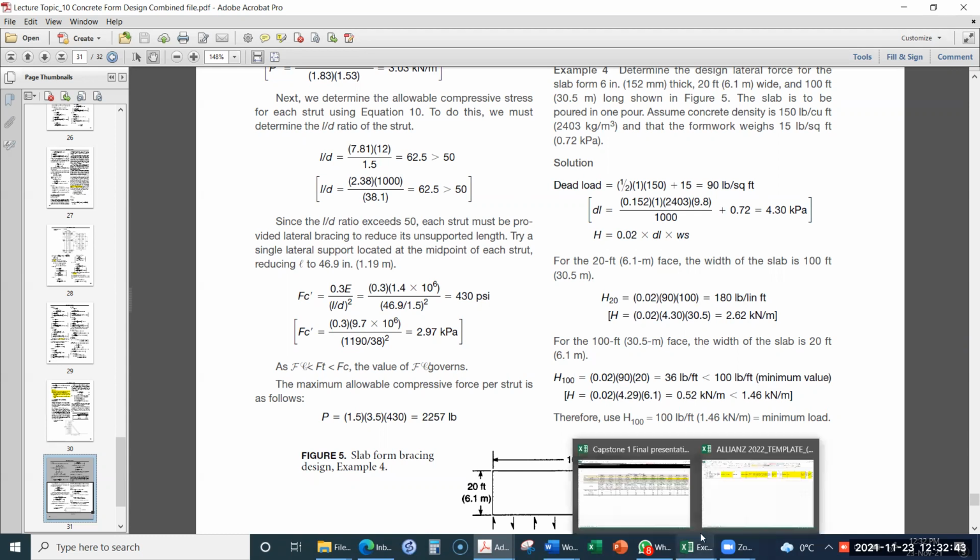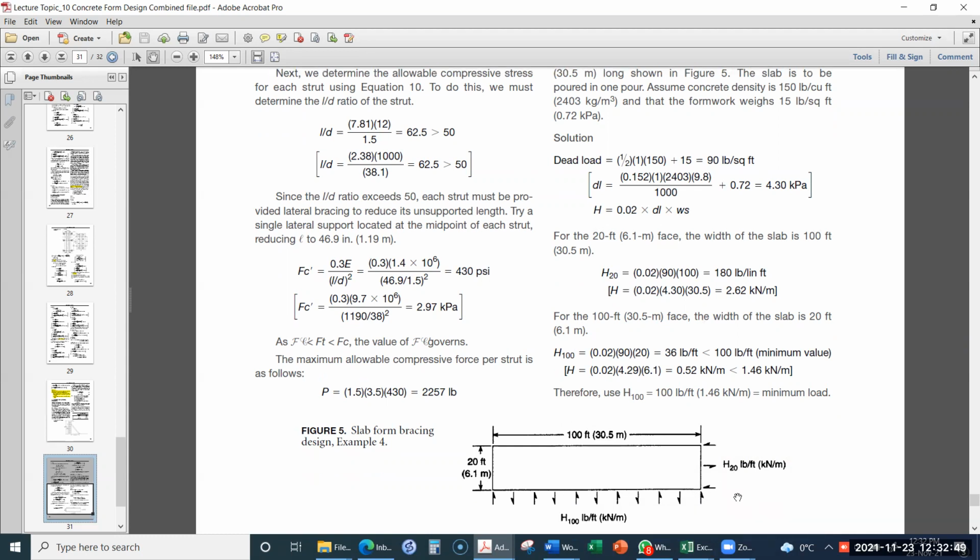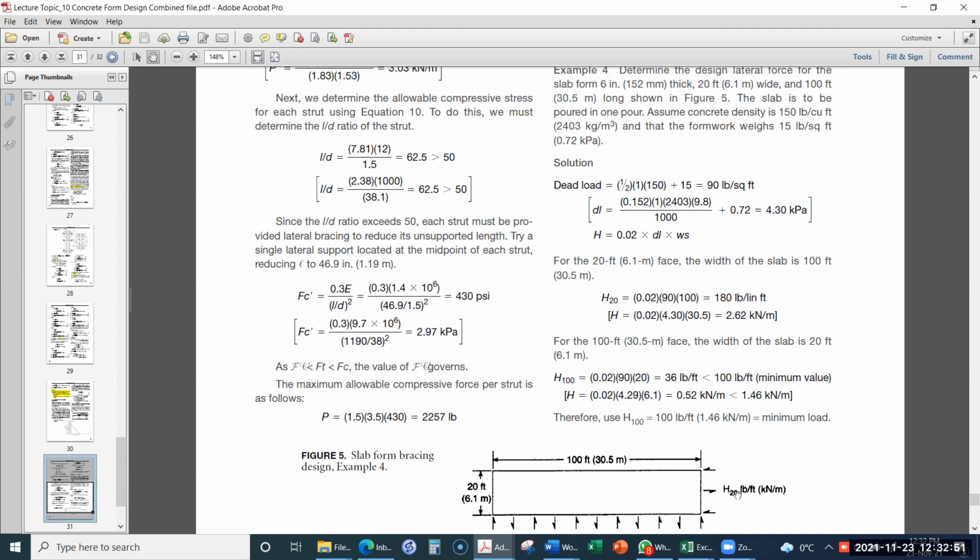So this formula we can use for the H20 direction, that is the smaller direction, or this formula we can also use for the H100 direction, that is the larger direction. So in the H20 direction, that means for the 6.1 meter face, the width of the slab is 30.5 meters. WS is the width of the slab.